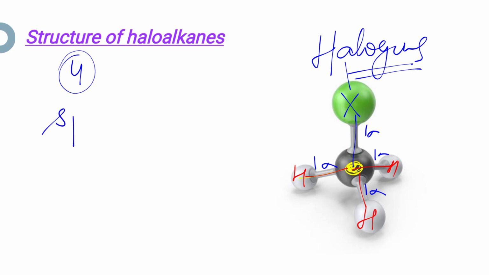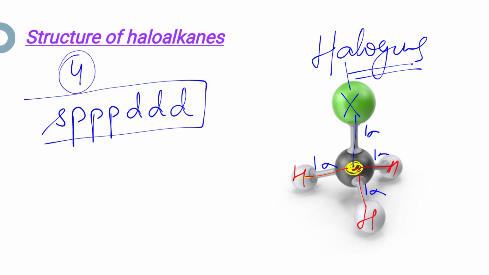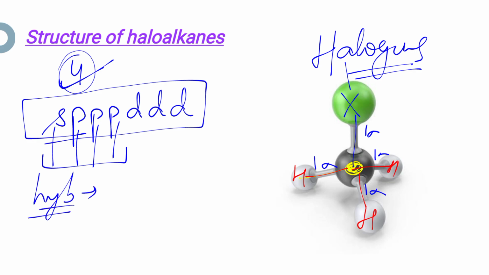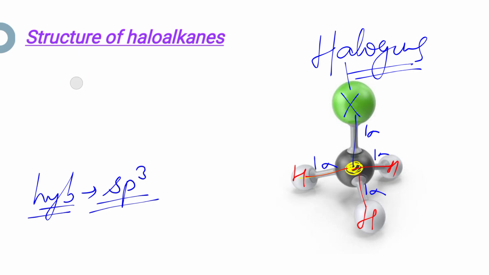Go for hybridization priority: S P P D D D. This is the basic technique. Count the number 1, 2, 3, and 4. So your perfect hybridization is: 1 orbital of s and 3 orbitals of p are involved in the hybridization, so your hybridization is sp3.